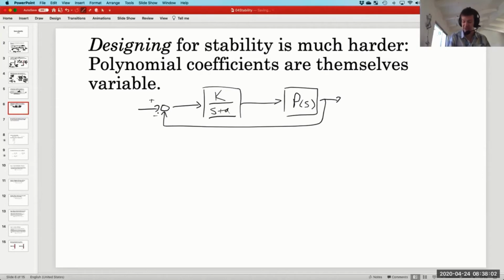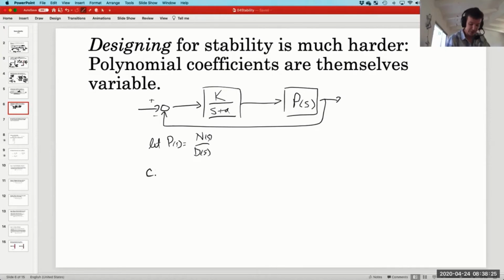Let's say that's our only design goal. So what are we going to do? We're going to let the process transfer function have some numerator and some denominator. If you wanted to spice things up a bit, you could say the denominator has some right half plane roots. That would be interesting. This is then an unstable process that we're going to try to stabilize.